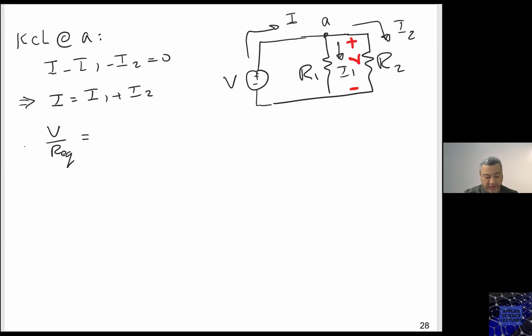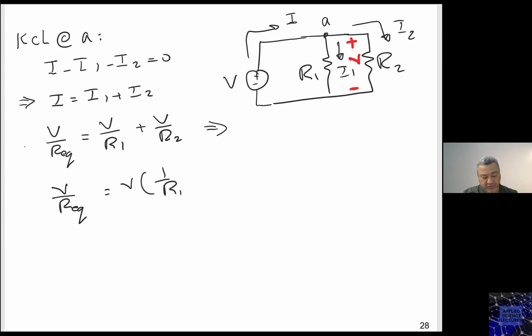So back to here, then I can write I1 as V over R1 and I2 as V over R2 as well. And then if I take V outside, one over R1 plus one over R2, then I can conclude by comparing both sides that 1 over R equivalent equals 1 over R1 plus 1 over R2.